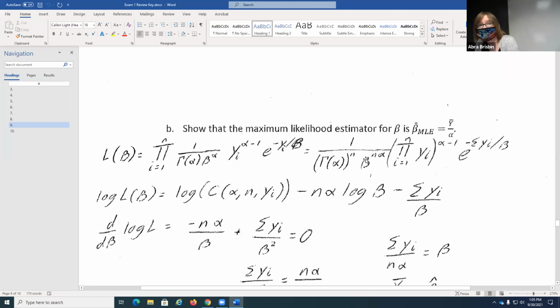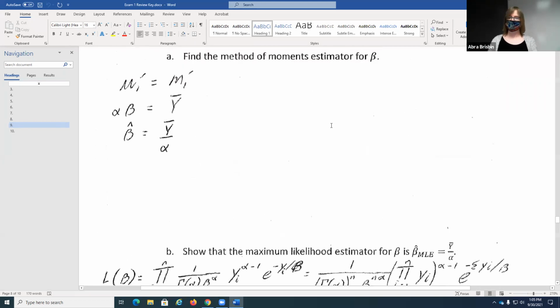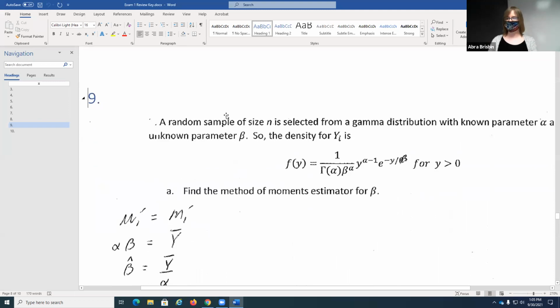So to do the maximum likelihood estimator, our strategy is to write down the likelihood of beta, which really just means the probability of the y sub i's as a function of beta. And if we're working with a random sample, we're assuming that those y sub i's are independent.